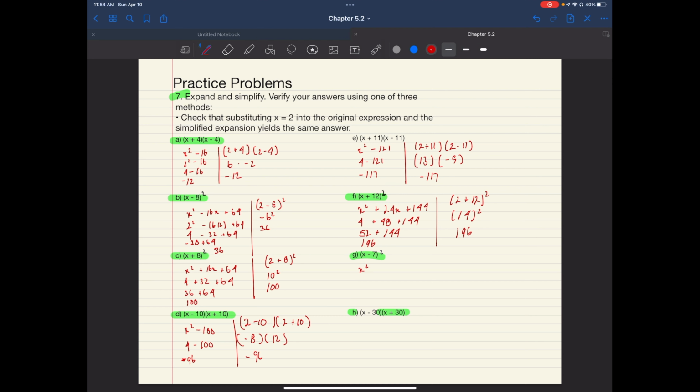So x squared minus 14x plus 49 equals 4 minus 28 plus 49. 4 minus 28 is negative 24, plus 49 equals 25.